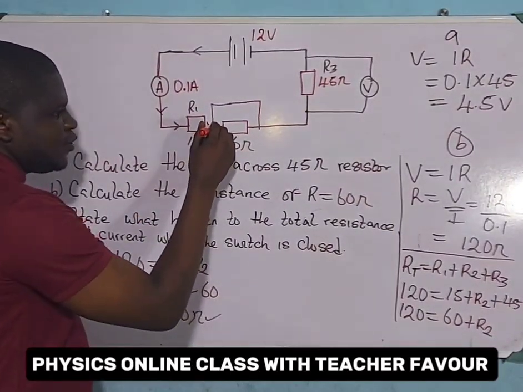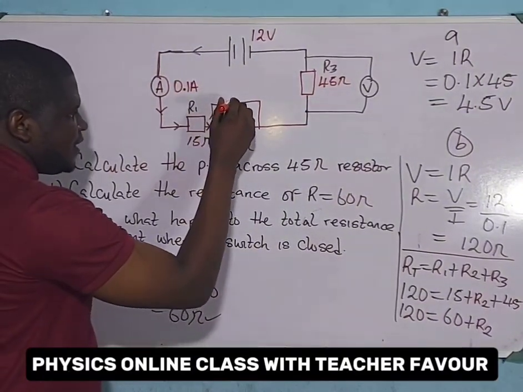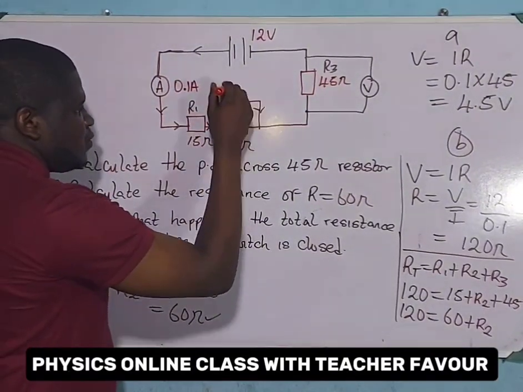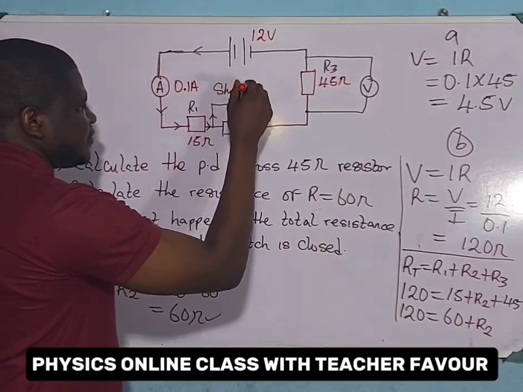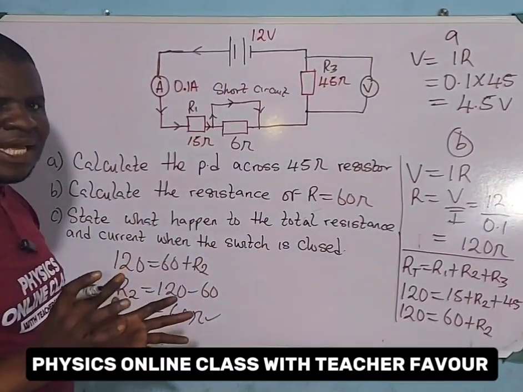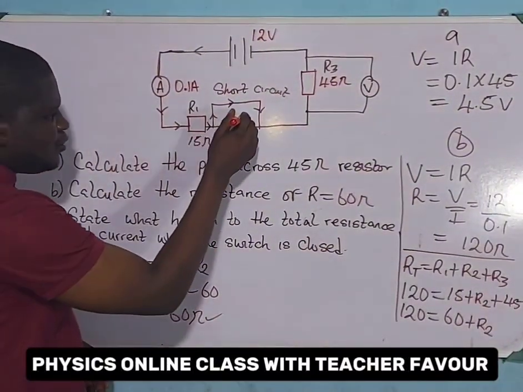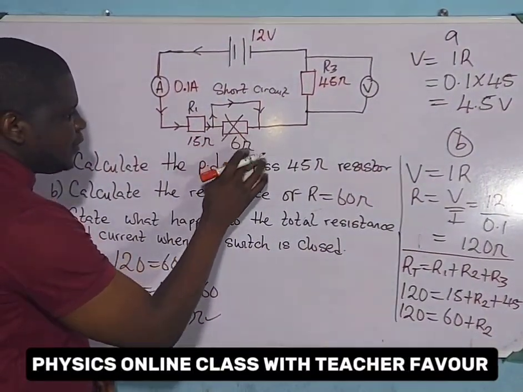Because this switch is closed, all the current flowing through this circuit will now move in this direction. We call it a short circuit. Because resistance opposes the flow of current in a circuit, no current flows through this resistor.